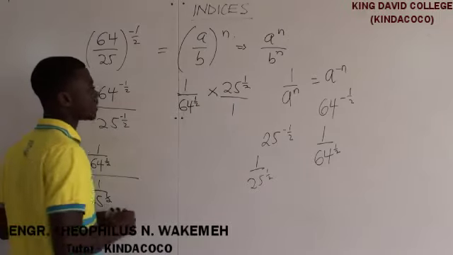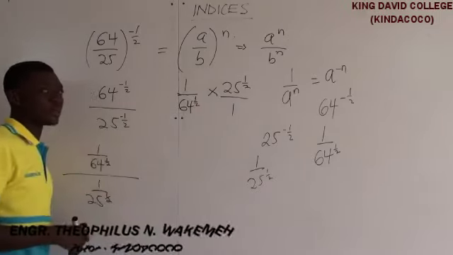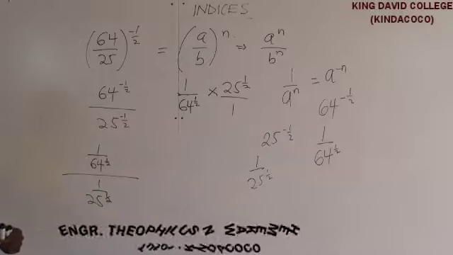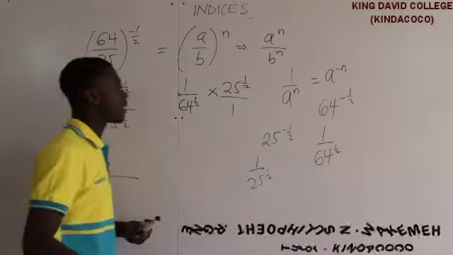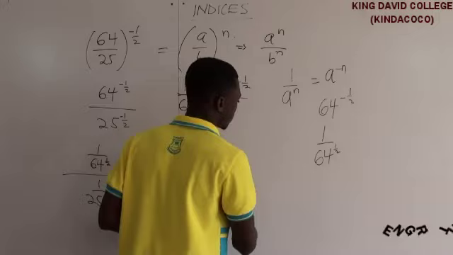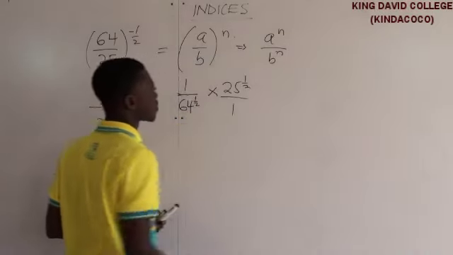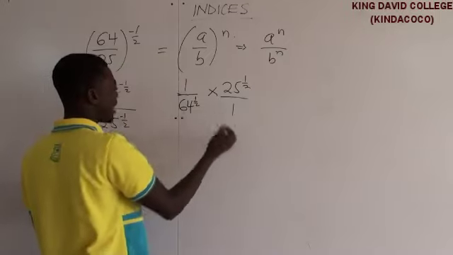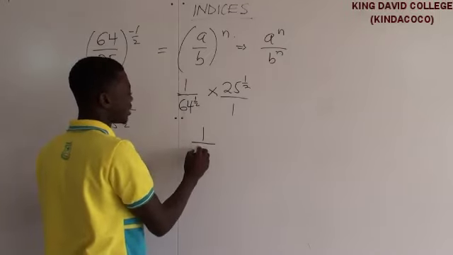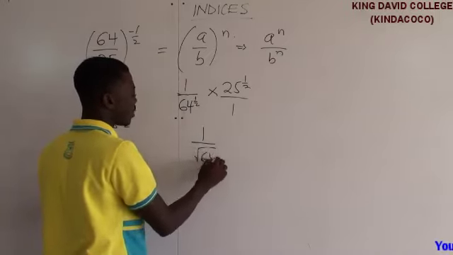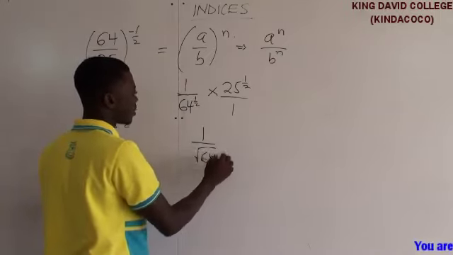So basically, what is 25 to the power half? We established that raised to the power half means the square root. So what they are actually asking is 1 over the square root of 64 times the square root of 25.